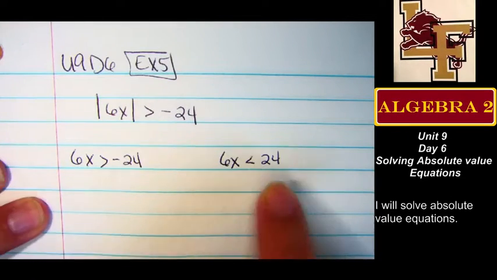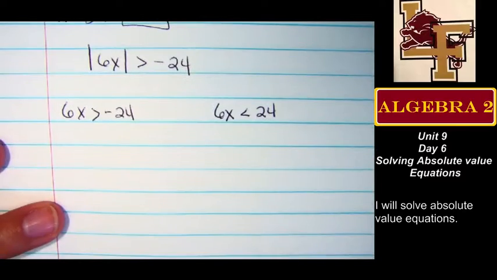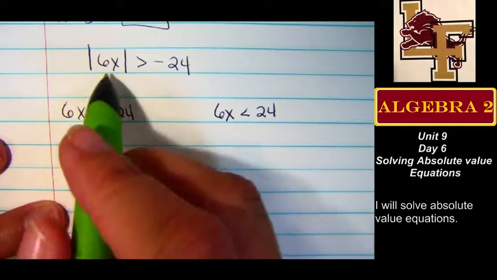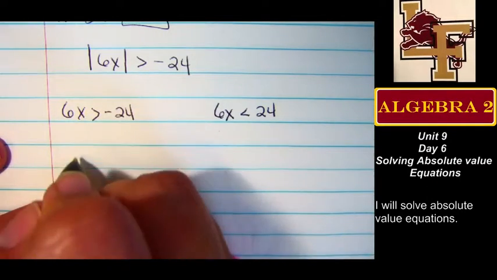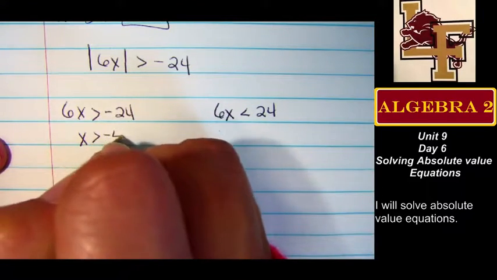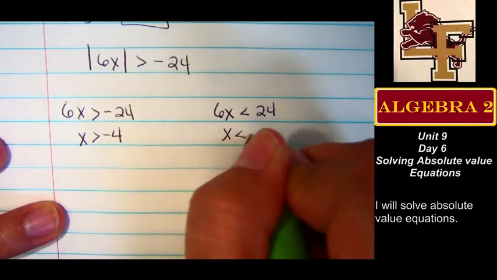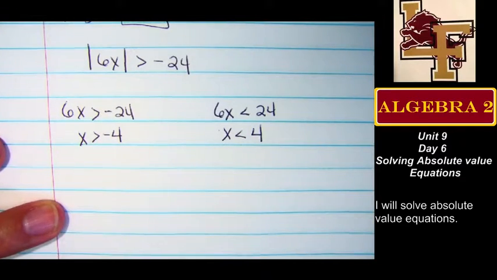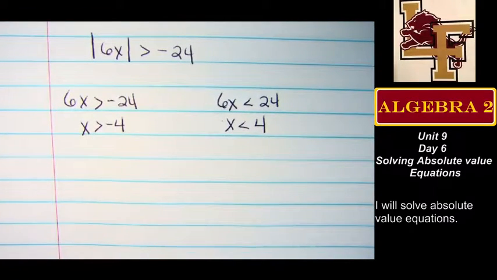All right. Now I'm going to solve each of these as normal. And again, notice that there's no absolute values. Divide through both sides by 6. When you divide through by a positive, you don't make a change to the symbol.